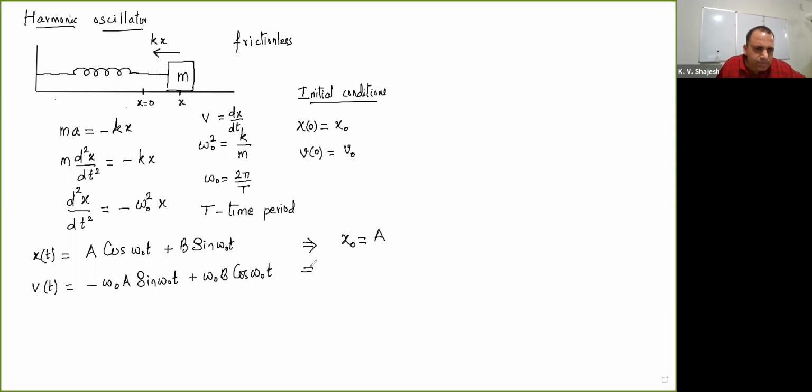And the second equation similarly tells me that v at time t equal to 0 is v naught, and the sine function this time doesn't survive.